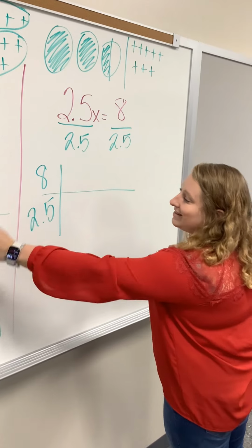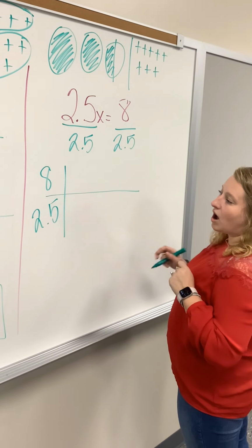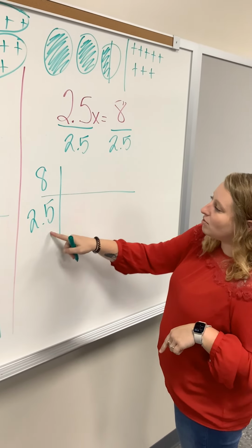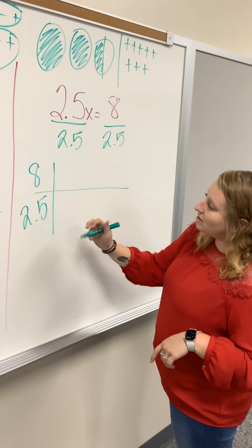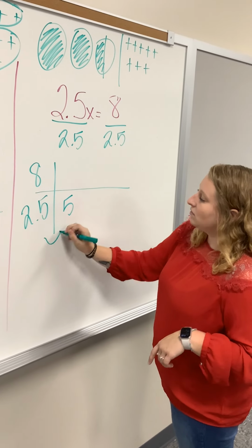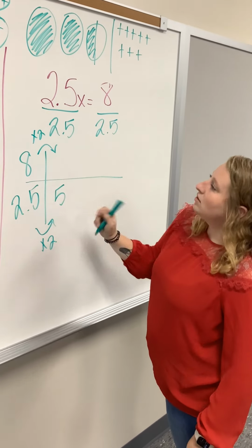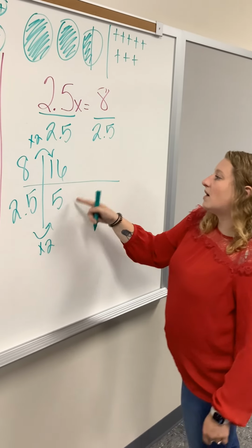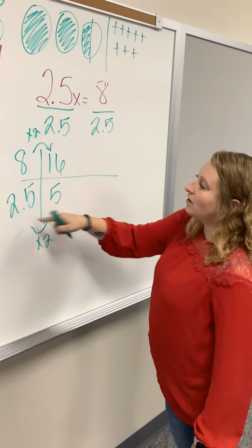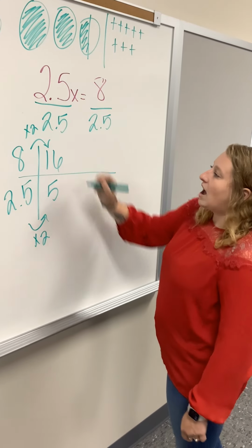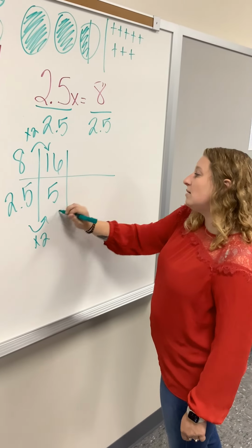Instead of scaling down to scale up now, I actually see, hey, I can double 2 5/10 to make 5. So I'm going to scale up. So 16 divided by 5 is the same as 8 divided by 2.5. And I see I can scale up one more time to make 10.